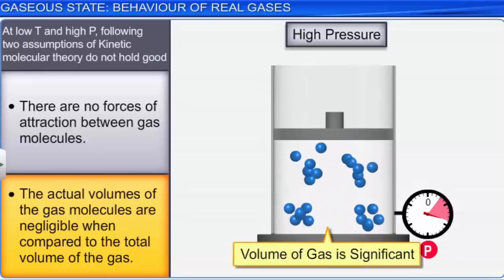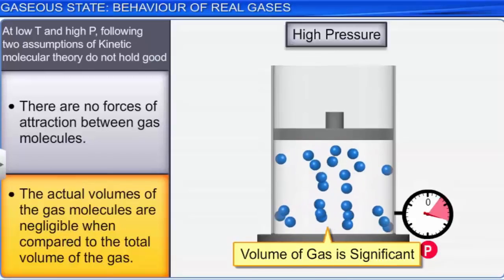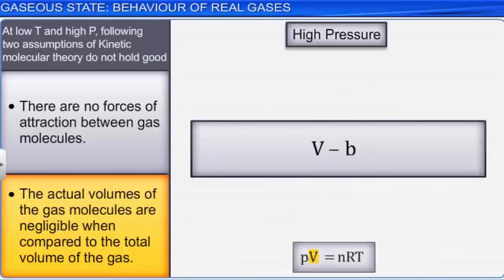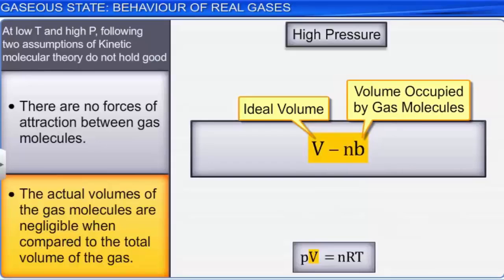Hence, the volume V in ideal gas equation is corrected as ideal volume minus the volume occupied by gas molecules, that is, V minus b, and for n moles of the gas, it is V minus nb. b is excluded volume, which is constant and characteristic for each gas.